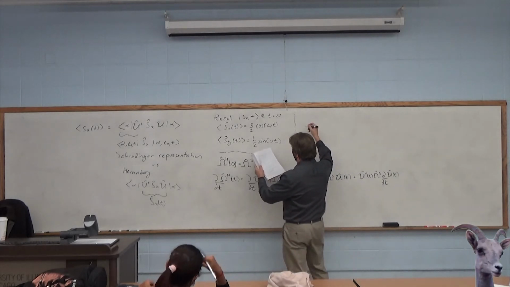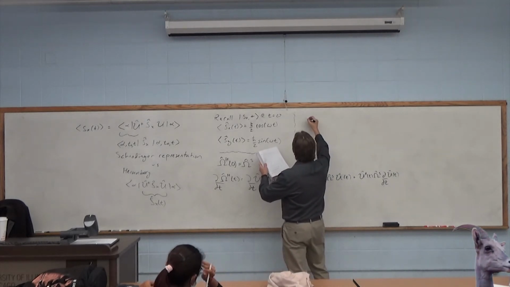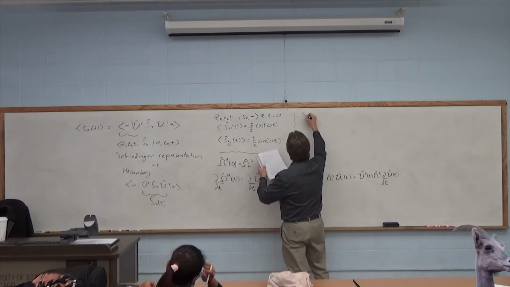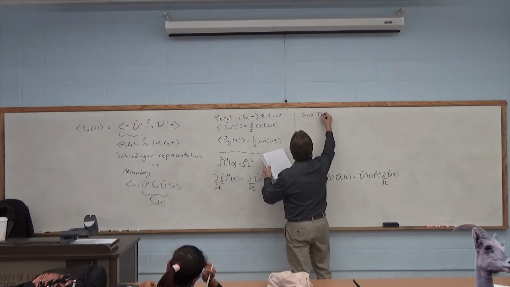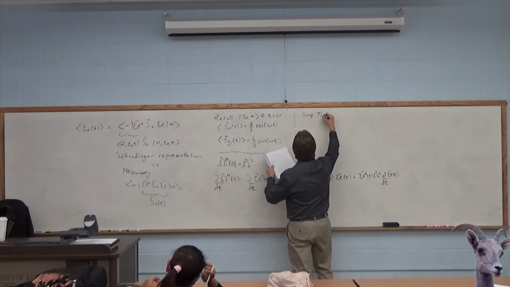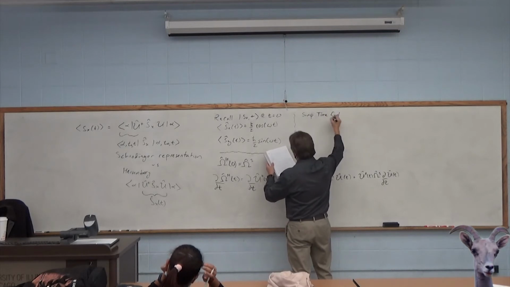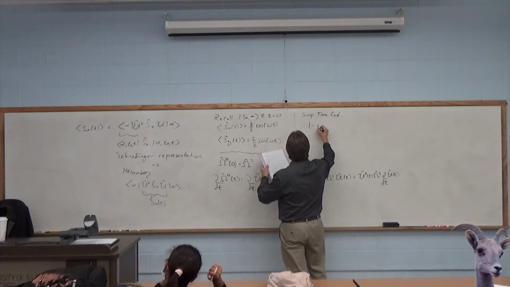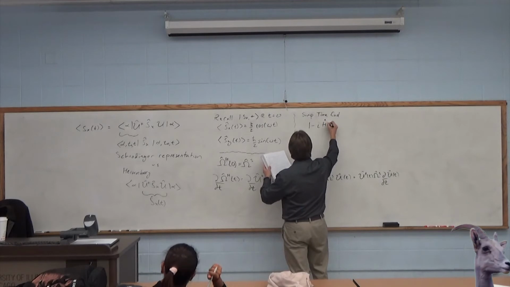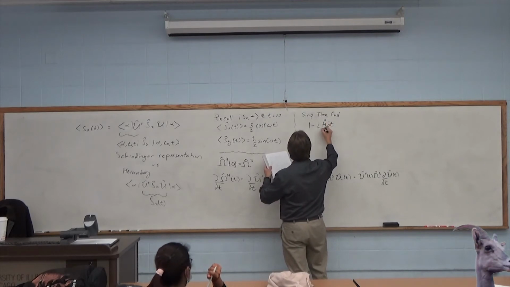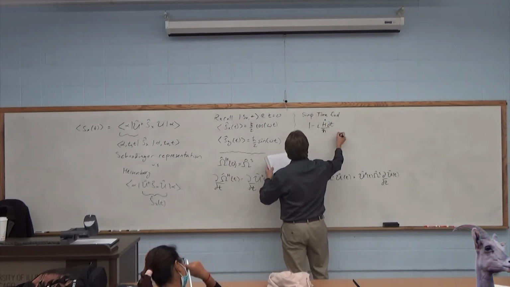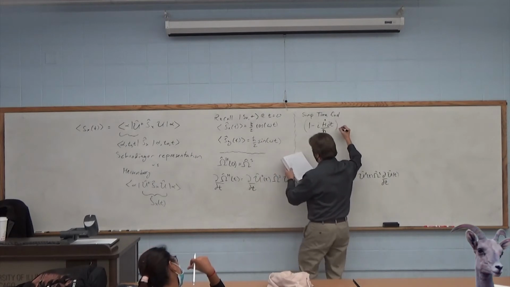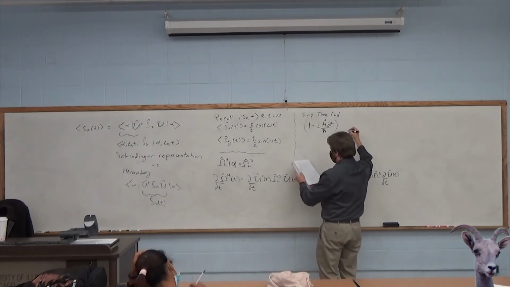Okay, here's how we do that. If you want to do simple time evolution, you want to just move something along a very short amount of time, and let's move an operator. So this is where it's a little funky.